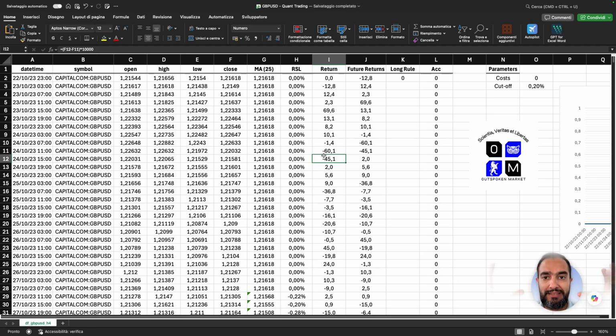Yes, complex stuff will have its place, but we are speaking here for retail traders, regular people who have a job and other things to do. Eventually, they will have some time for it. They can dedicate themselves to trading and even take this to a full-time job. And you must start somewhere. The goal of this class is to teach you how you can have a profitable strategy using GBP USD.